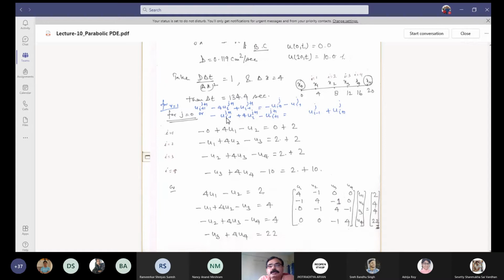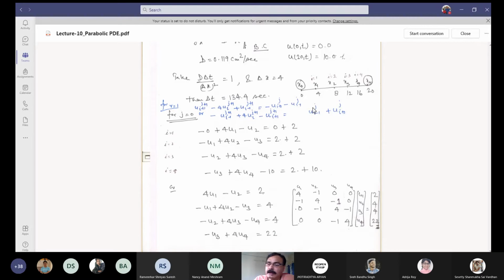So u0 is 0, u0 itself is 0, whatever the value of t may be. So this will always be 0 minus 0 plus 4u1 minus u2 equal to, on the other side, i equal to 1 means u0, j equal to 0. So it is u0,0.